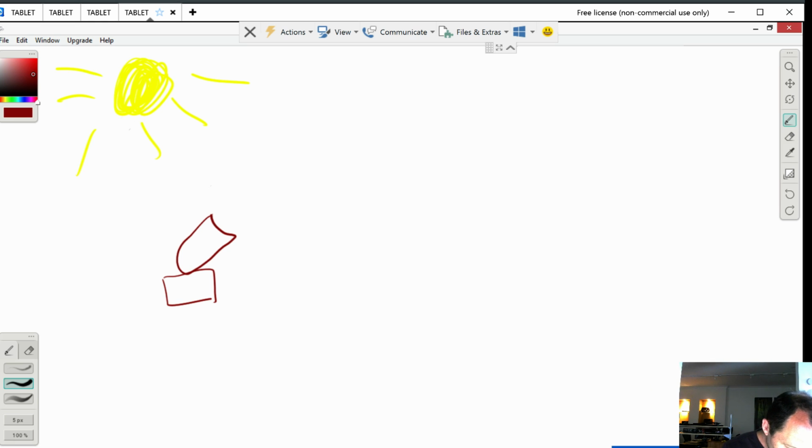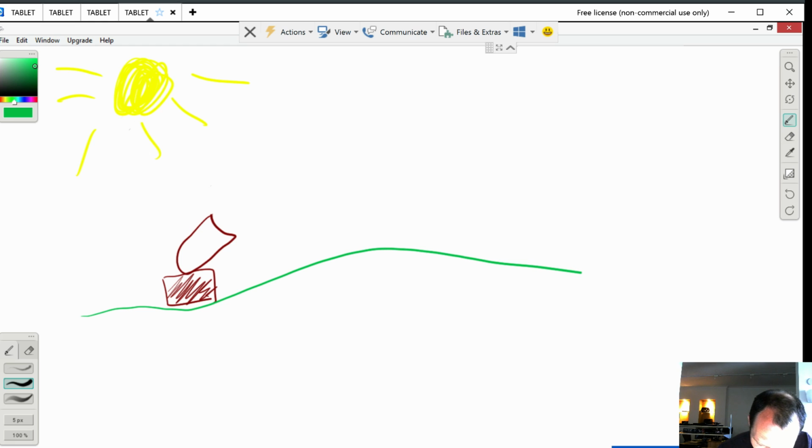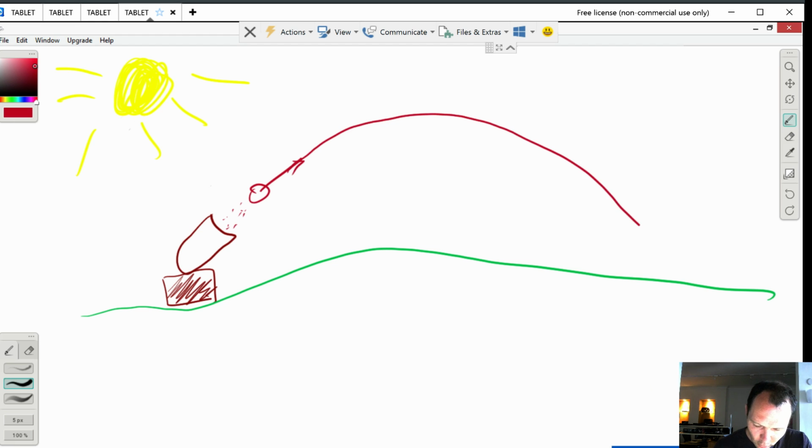So this cannon, I just want to make more of a scene here. This cannon is shooting projectiles. Right? And they're going to arc because that's what gravity does to things. Boom. Pretend we're playing whatever those cannonball games are, right, where you shoot things.